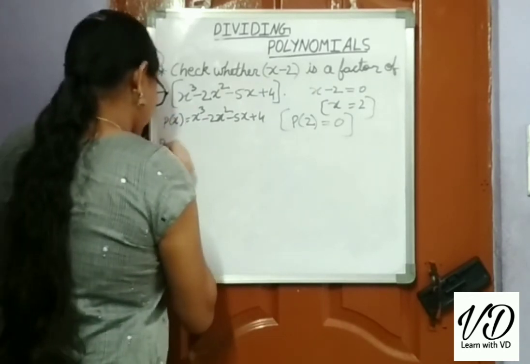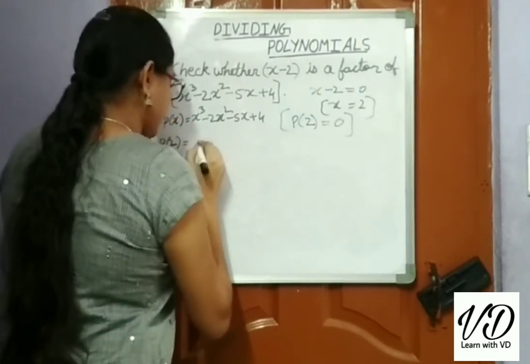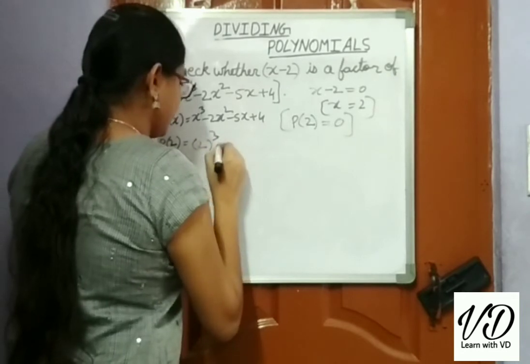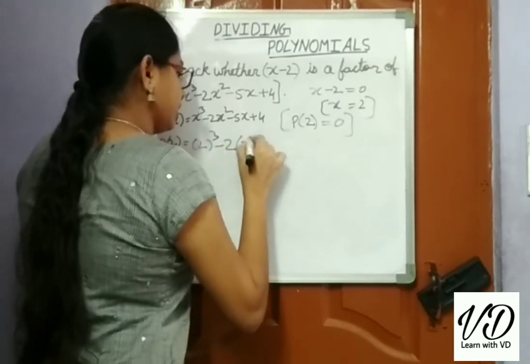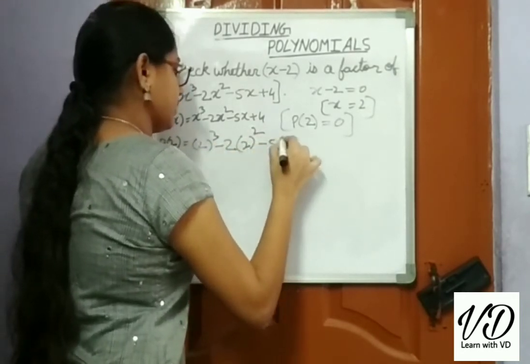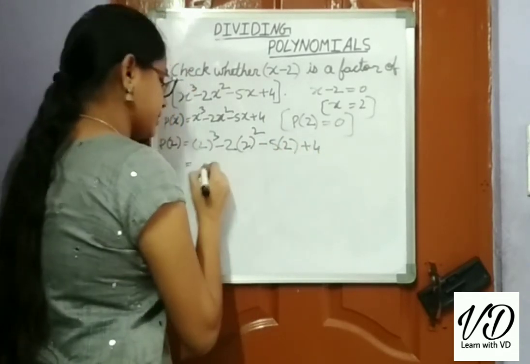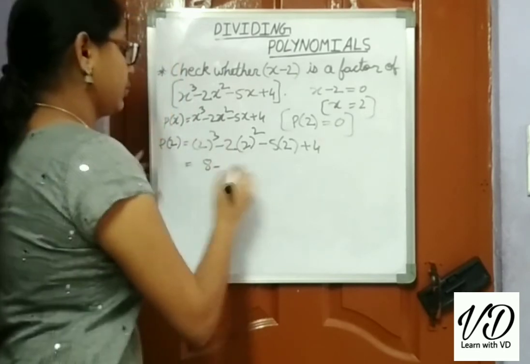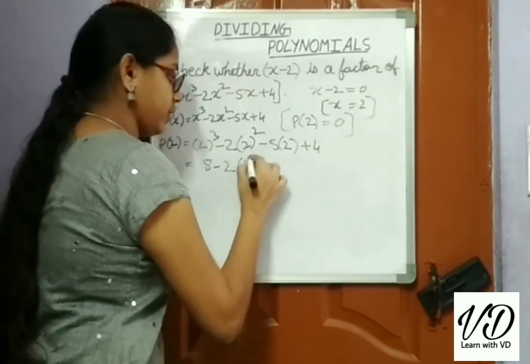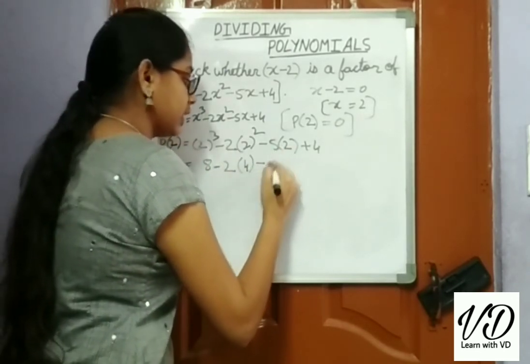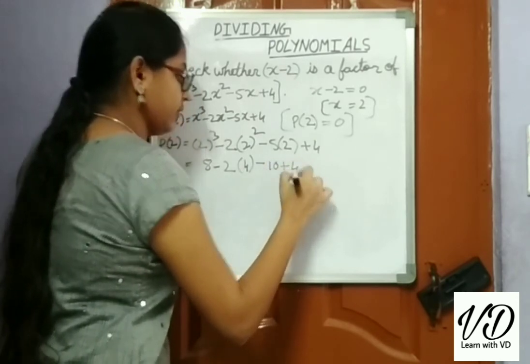Now let's see p of 2 here. We get 2 cube minus 2 into 2 square minus 5 into 2 plus 4. Here 2 cube is 8, minus 2 into 2 square is 4, minus 5 twos are 10, plus 4.